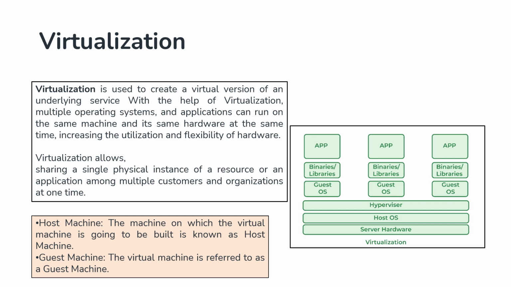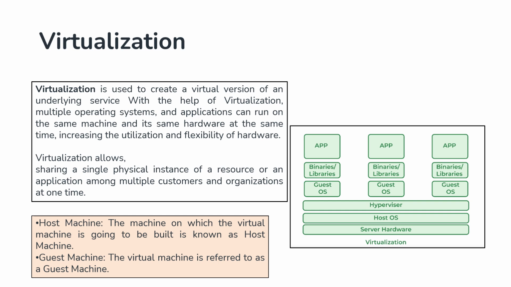How it works: whatever we have in our machine will be the server hardware. Upon that server hardware, a host OS will be there. Upon that, the hypervisor will be there. So the hypervisor will be working as the host machine, and upon that host, the guest OS will be there.